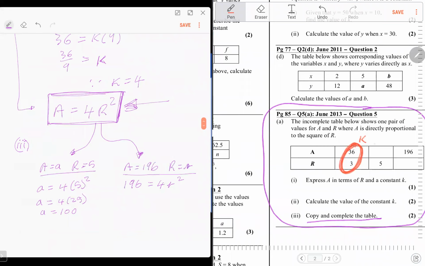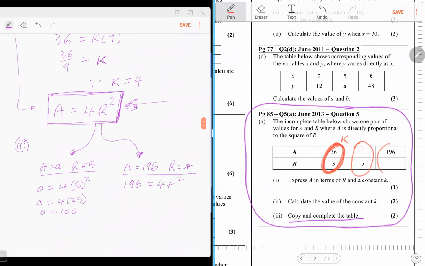That formula will work in this box and will also work in this box. The question is asking us to fill out the table for here, put the value in there, and put the value inside here. This value is an A value, and this value is an R value.